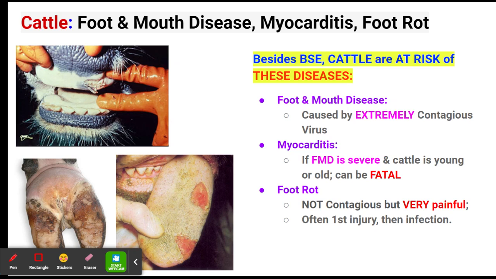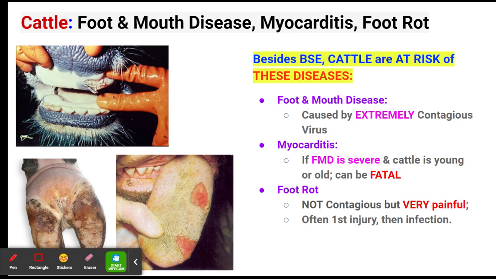Besides BSE, bovine spongiform encephalopathy, cattle are at risk of these 3 diseases: foot and mouth disease, which is caused by an extremely contagious virus; myocarditis, if foot and mouth disease is very severe and the cattle is young or old, they can develop myocarditis, which can be fatal.